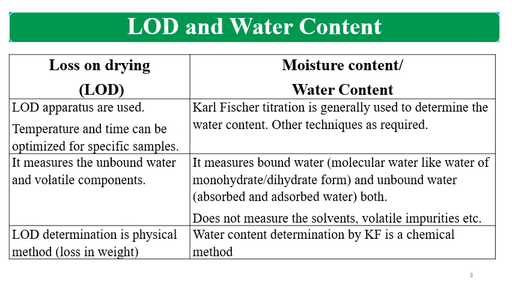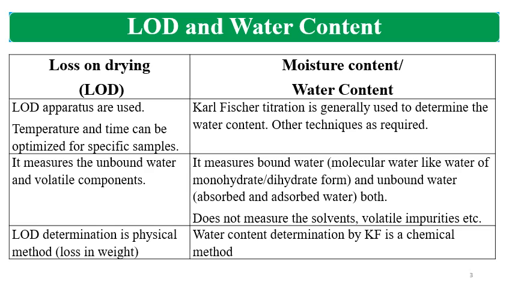The water content test does not measure the percentage of solvents or volatile impurities. The water content test is very specific, which gives you an idea about the water content only. So whenever you are working on molecules which are in hydrate form, water content testing is a must.